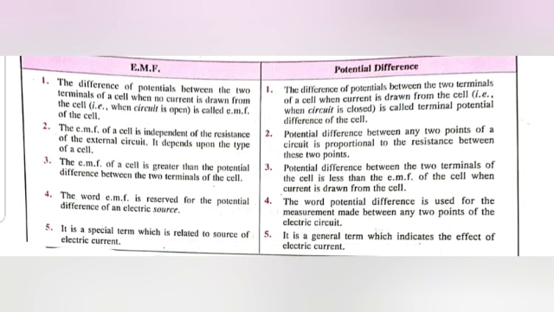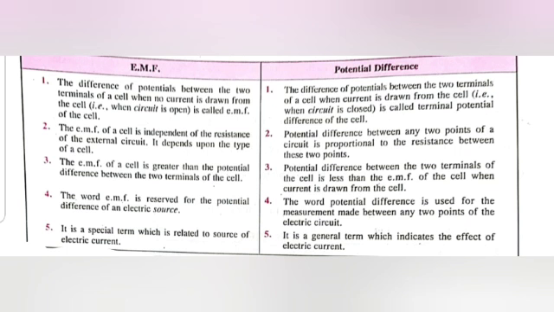EMF of a cell may be defined as the potential difference between the terminals of the cell when no current is drawn from the cell. You can understand it like this: for example, if you have brought a cell from the market, the maximum value of the potential difference of the cell, the maximum value of the voltage of the cell, would be known as the EMF of the cell.